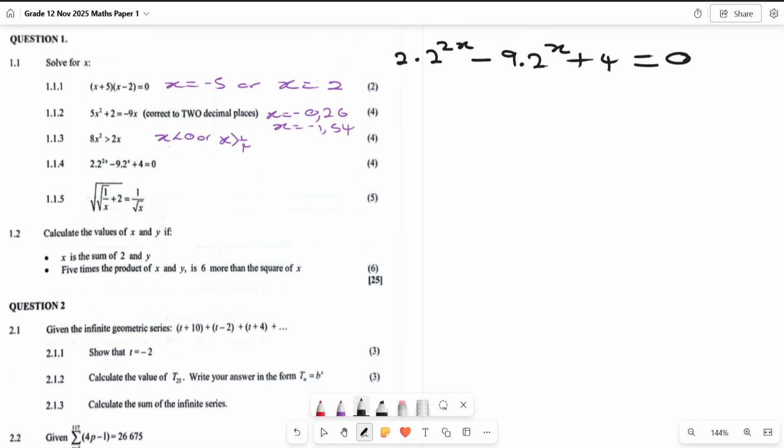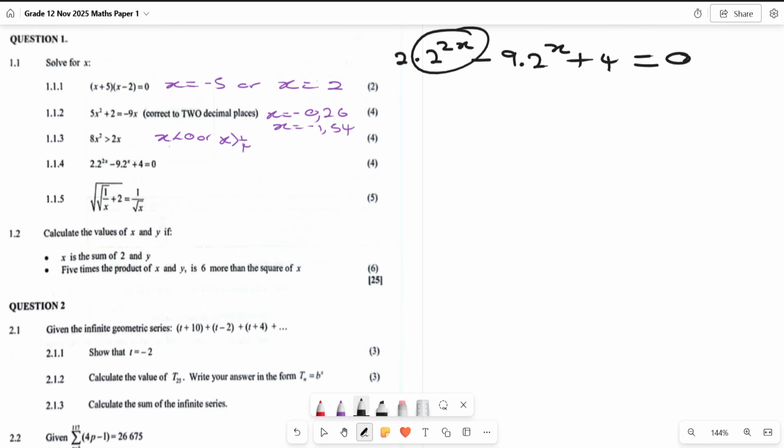Okay, so let's cut straight to the chase. What do we notice here? We notice that we have 2 to the power of 2x, and then we also have 2 to the x. That is why I'm speaking about the k method, because we have to equate that to the k method. For those of you that don't understand this part here, how do we make it equal to the k method? Well, it's very simple.